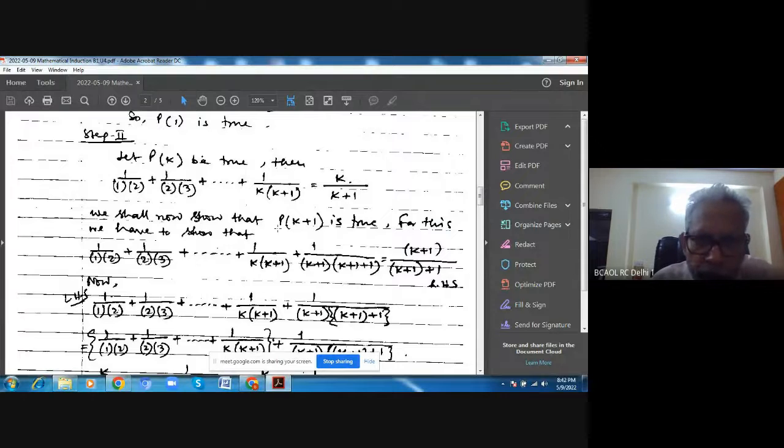Now this part is already here. So here it is the addition of these things. Here this k changes to k plus 1, and in the bracket this k also changes to k plus 1. Up to this it is the same, and just put these things.